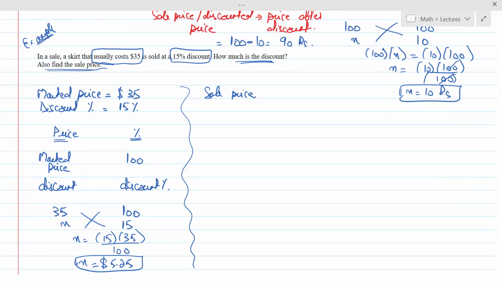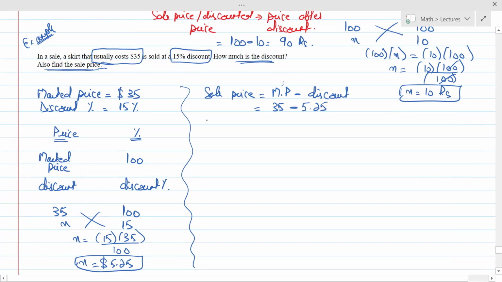In the first one, since you have already found the discount, the sale price can be found as the mark price minus the discount. The mark price was 35, discount was 5.25. So we get the sale price as 35 minus 5.25, which comes out to be 29.75.